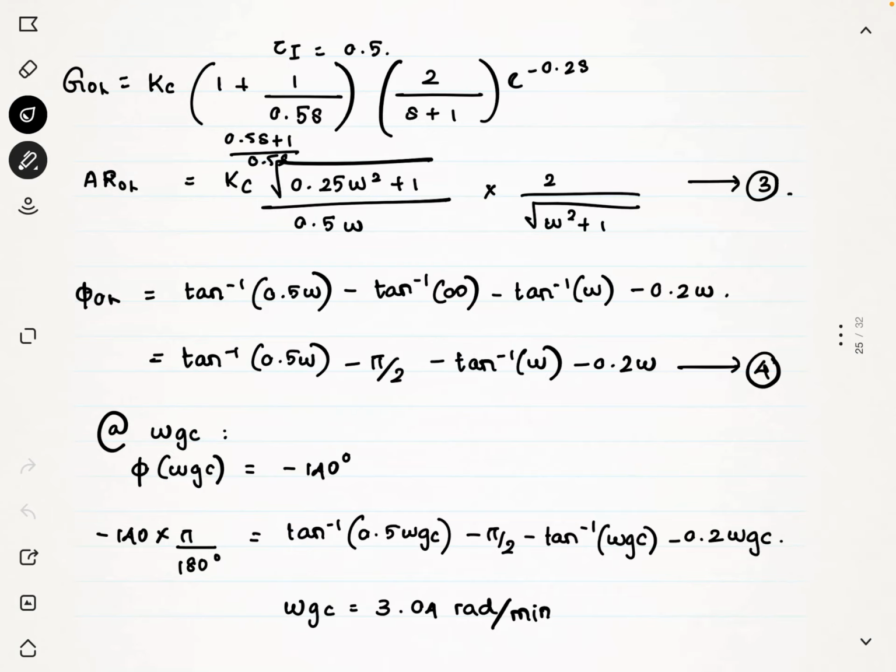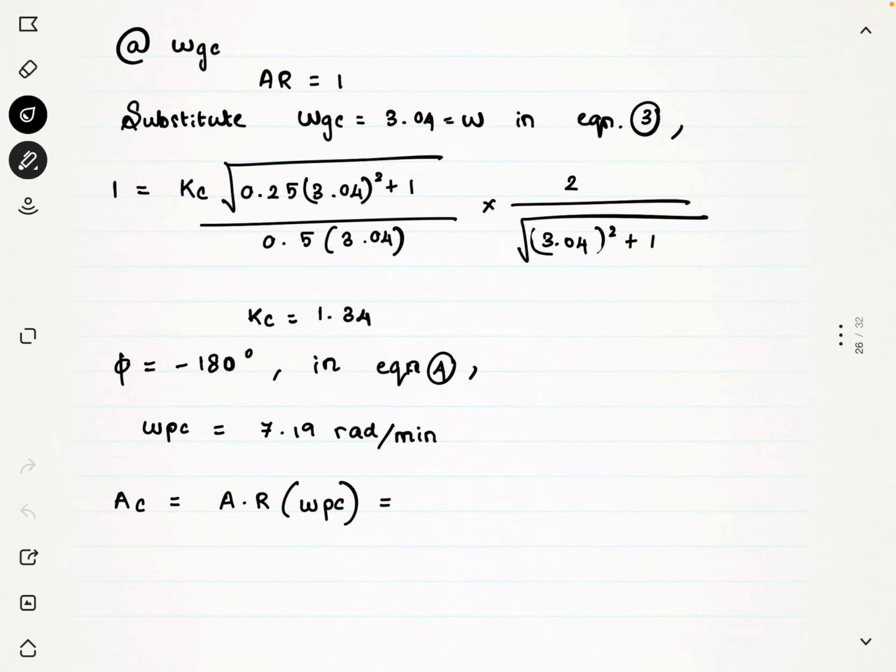If we substitute all that in equation 3, we get the critical amplitude. I have done all the solvings and verified the numerical values, so I'm writing it straight: you get 0.383. And gain margin will be just 1 by AC, which is equal to 1 by 0.383. It's equal to 2.61. So this is the final answer.